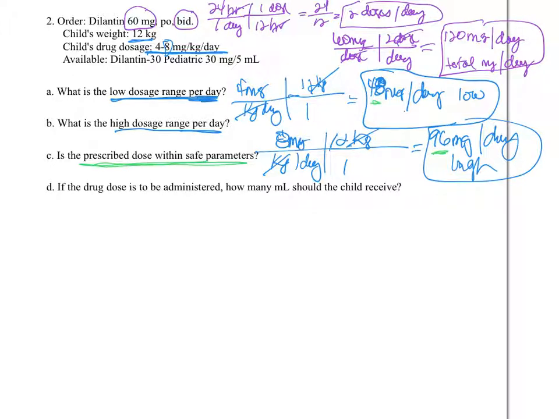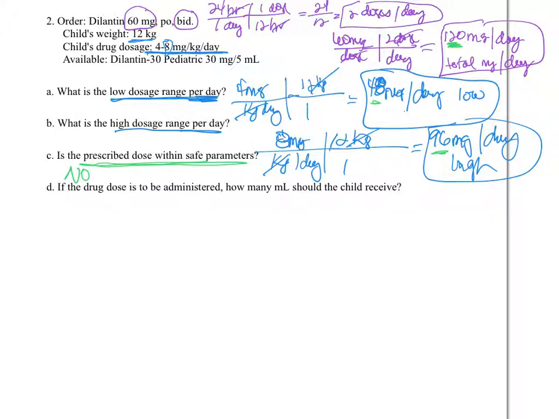But remember, way back in the beginning, we calculated how many milligrams per day, and given 2 doses a day, we'd have 120 milligrams per day. So was that within the range of 48 and 96? No, it's not. So it's not a safe dose, because 120 is not in between 48 and 96.